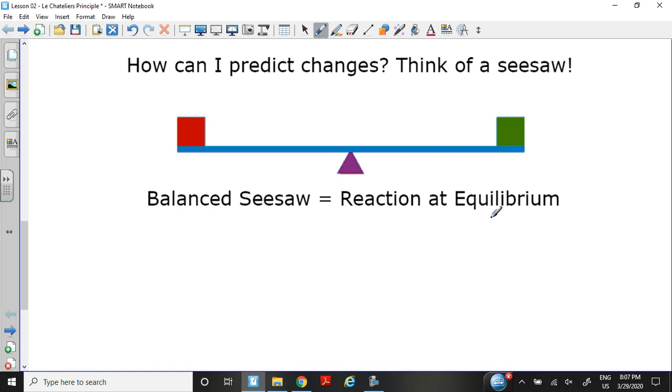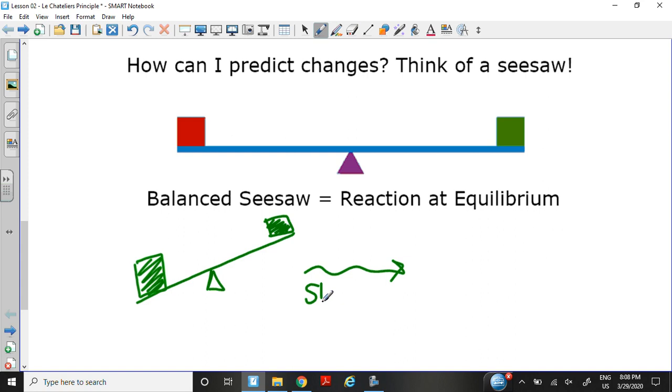But what if we disrupt this equilibrium? So let's take our seesaw and let's say that we add more mass to the left-hand side. That's going to disrupt the equilibrium. It's not balanced anymore. So which way would you have to shift your seesaw to get it back to equilibrium or being parallel to the ground?